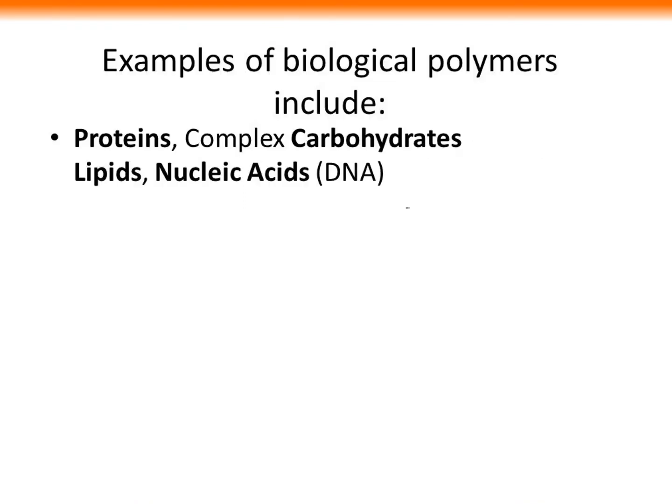And these differences can make all the difference between a protein which behaves one way and a protein which behaves another, or whether a carbohydrate is digestible or not, whether a lipid is healthy for you or not healthy. And certainly the sequence of nucleic acids varies, and then that leads to different protein structures down the line. That's where we transmit our genetic information. So the sequence there is very, very important.